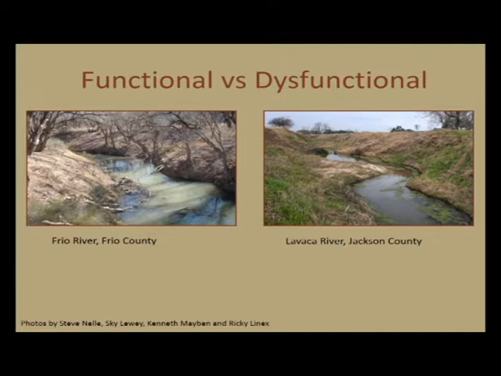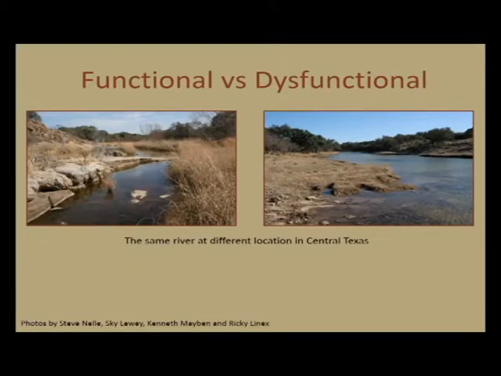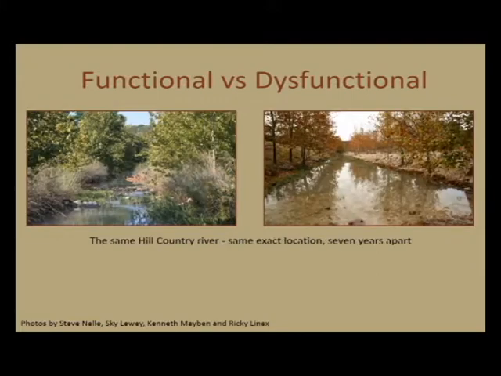The riparian area on the left is functional and the riparian area on the right is not. Here you can see functional and dysfunctional areas on the very same creek where management can be seen making a difference. And here you can see the same exact location 7 years apart. Management can make a huge difference in functional condition and value production.